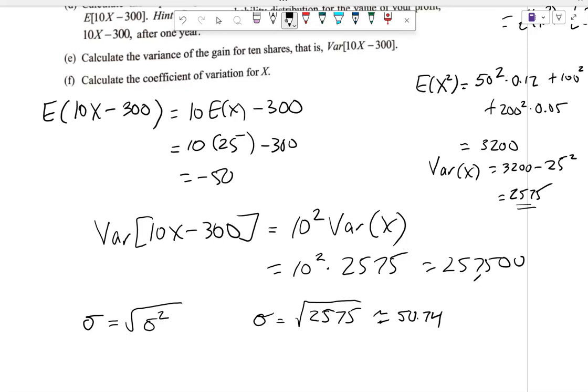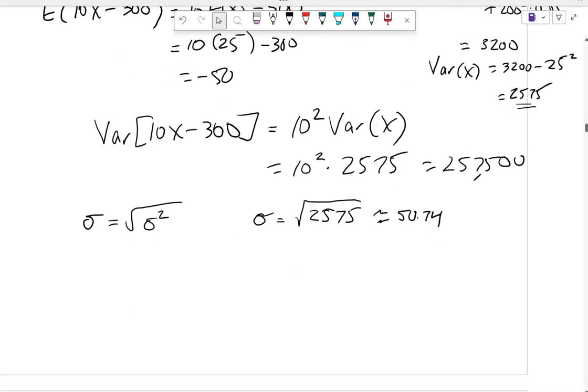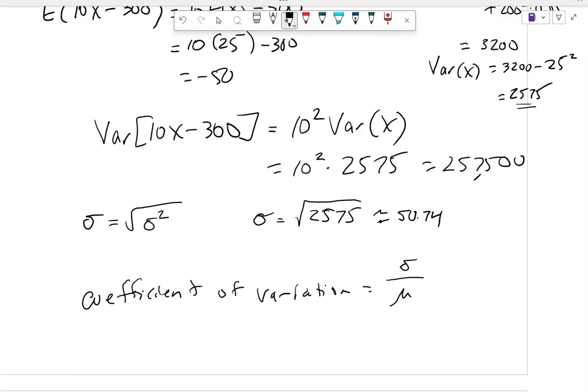So the idea behind the coefficient of variation is trying to scale the standard deviation relative to how big the mean is. So your coefficient of variation is defined as the standard deviation divided by the mean.